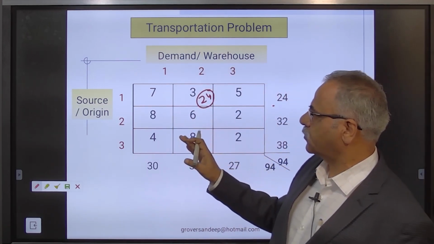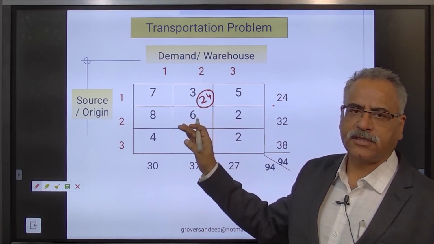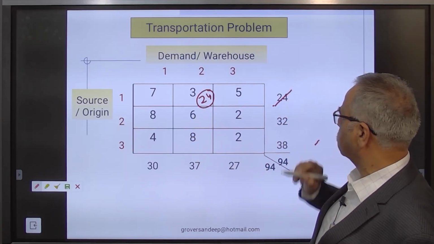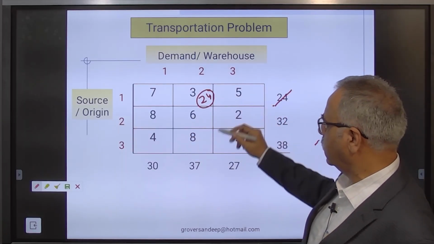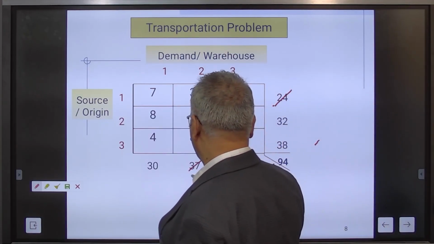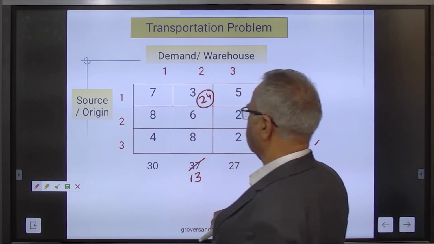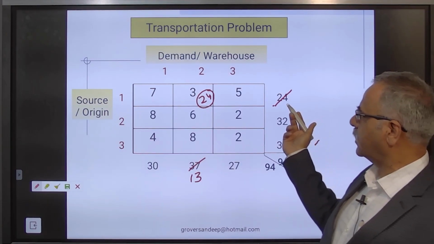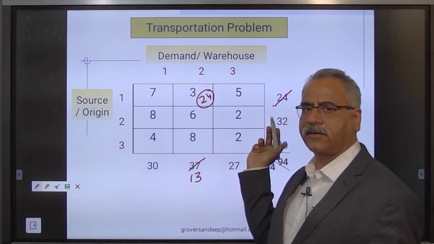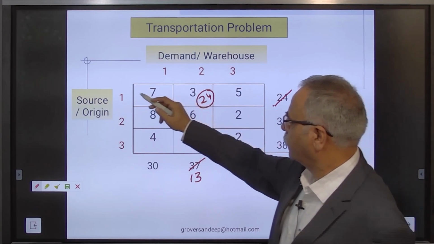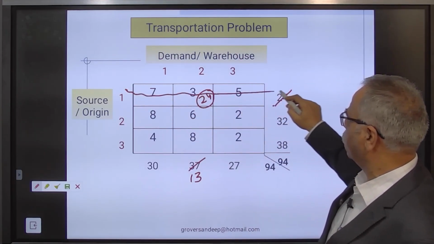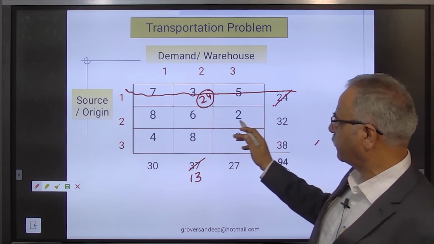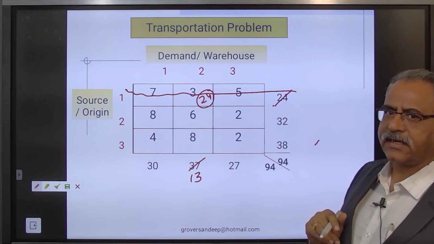Now, once you transfer 24 units from origin number 1 to warehouse number 2, the capacity of origin number 1 is over, and here you are left with a capacity of 13. Again, once the capacity of this origin or plant is over, in order to avoid any confusion, we take it away, and now you are left with the second and the third row.